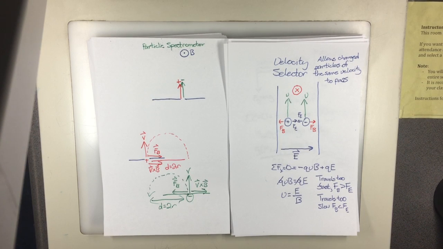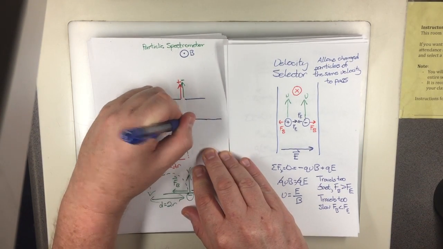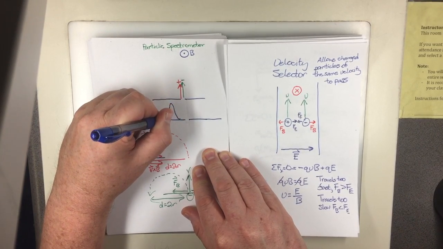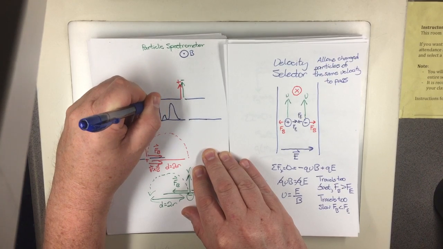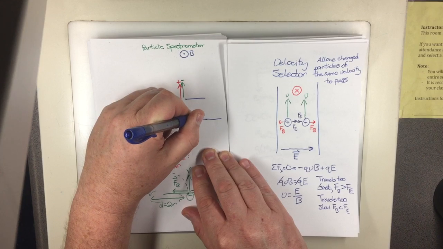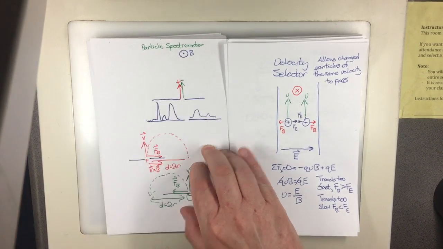When they come out, they go to the left or go to the right, and depending on the number of particles that come out, you can say, oh, it's made of this material or this element.